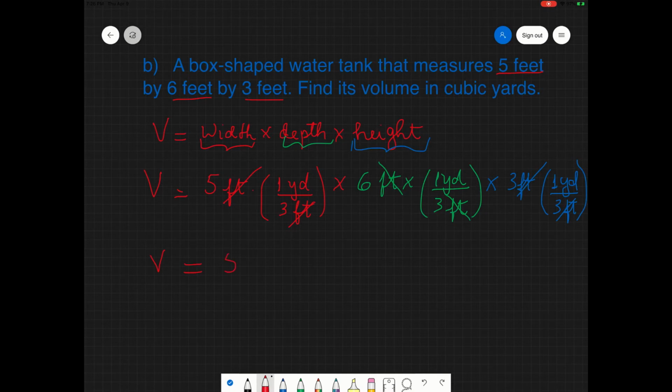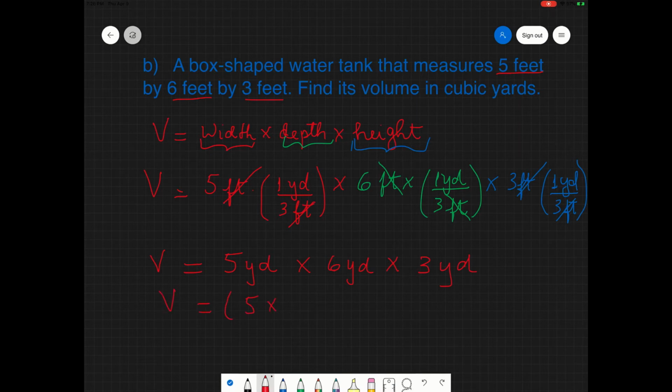So the volume is 5 times 1 yard, so 5 yards, times 6 times 1 yard, so 6 yards, times 3 times 1 yard, 3 yards.